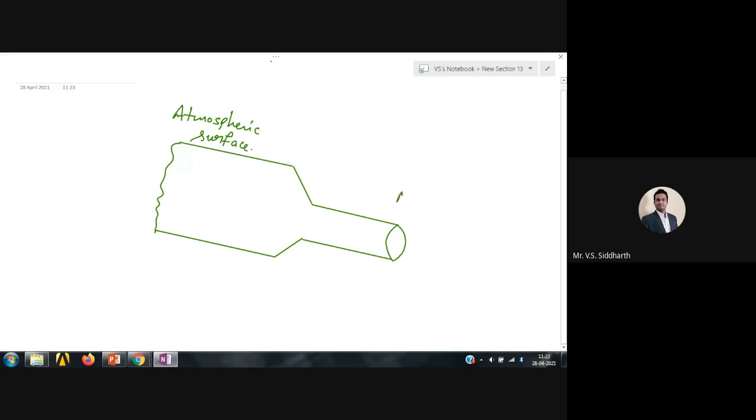This is the machine surface. Okay, and here is the tool.